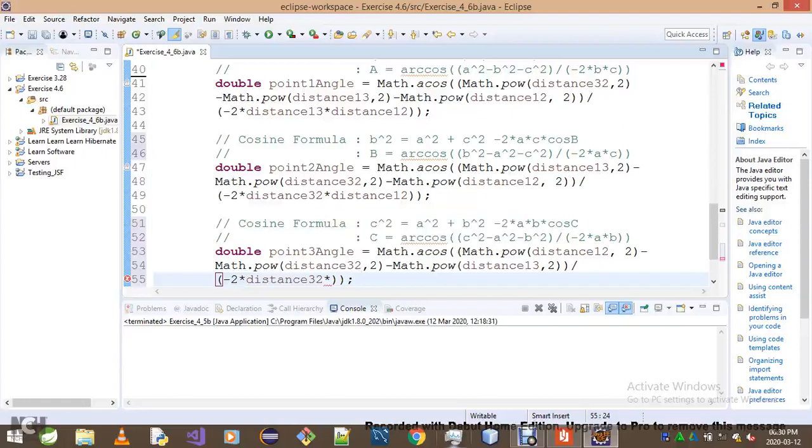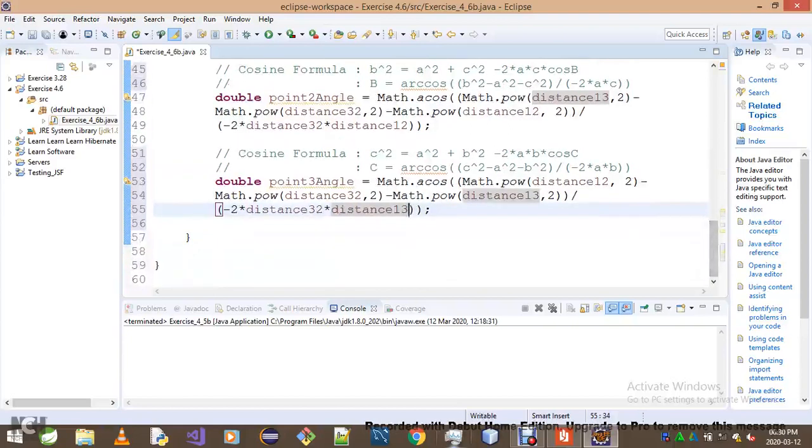Distance B is nothing else but distance 1, 3. Again, you can pick this however you like, as long as you understand how the cosine rule works. Okay, so it's time to display our output now.